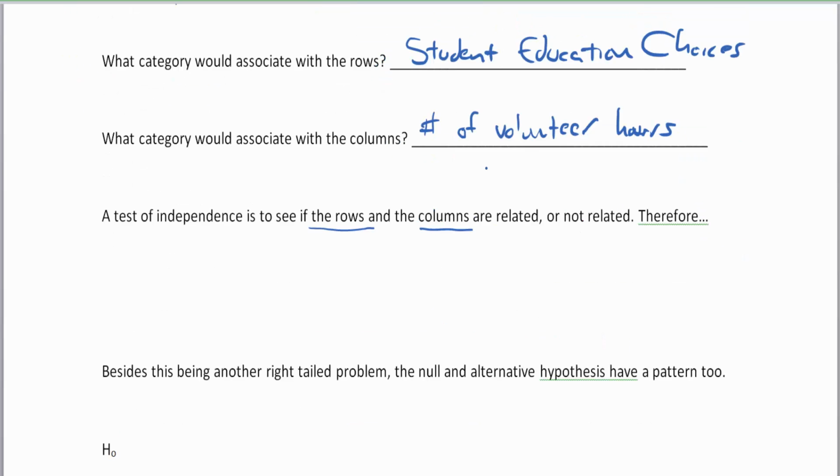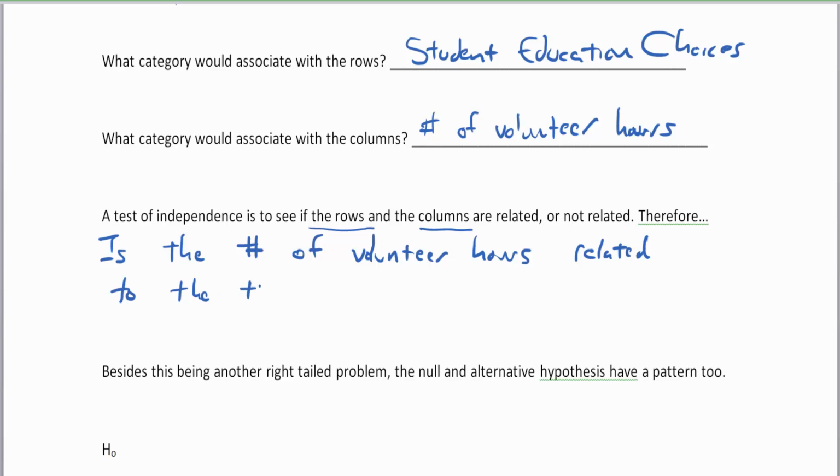Okay, so let's summarize what we just talked about. Here's the question: is the number of volunteer hours related to the types of education choices?